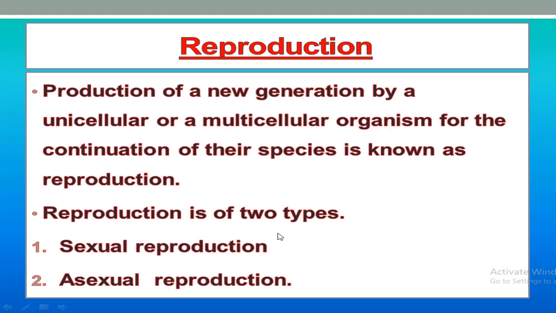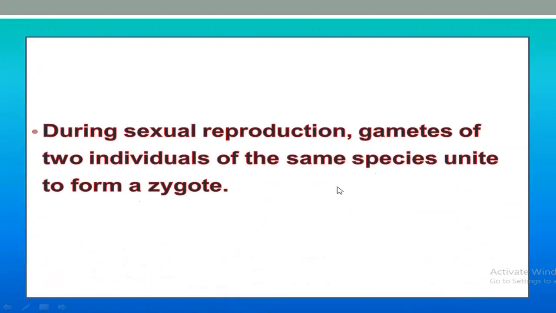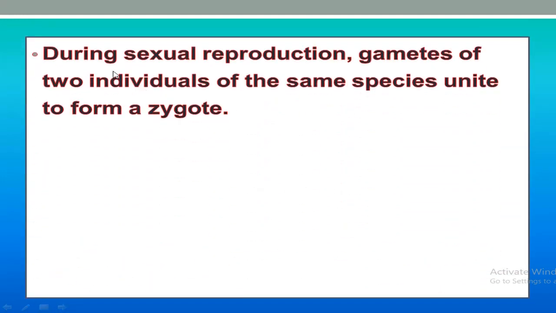Asexual reproduction means producing a new organism without a sexual process. Right, now we have learned what reproduction is. Then we will go to the next point. During sexual reproduction, gametes of two individuals of the same species unite to form a zygote.